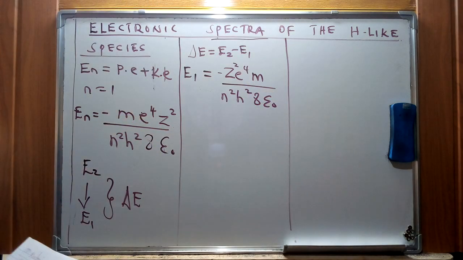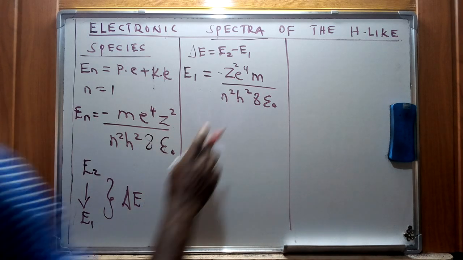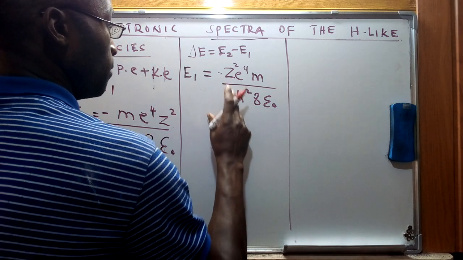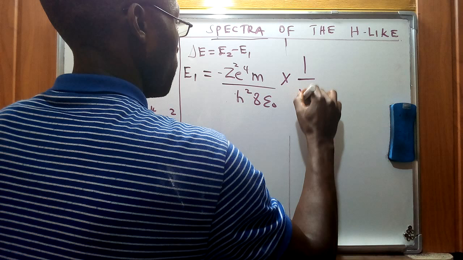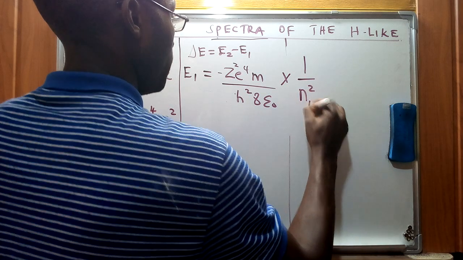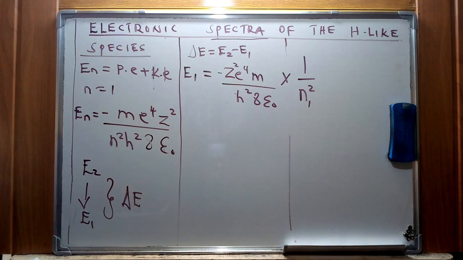For the first energy we can expand that formula so that n is given as the reciprocal of the square of that particular n.